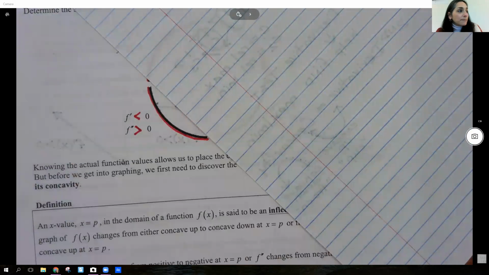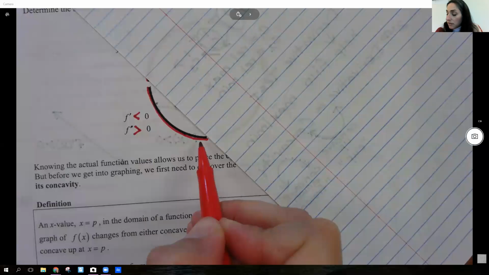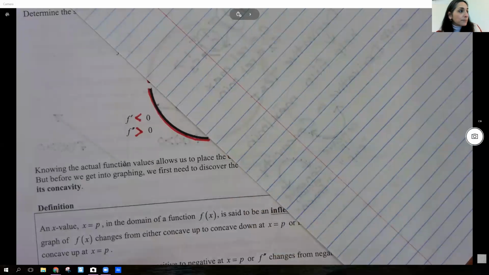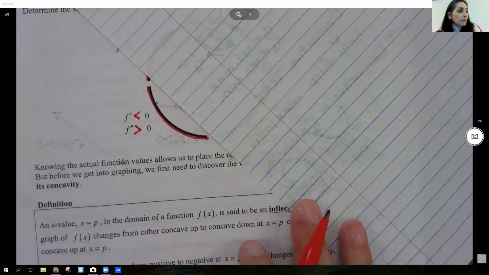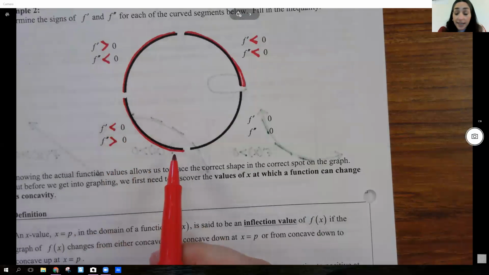Okay? You are concave up and you have a negative slope. Okay? Once again, this piece right here would represent slowing down.